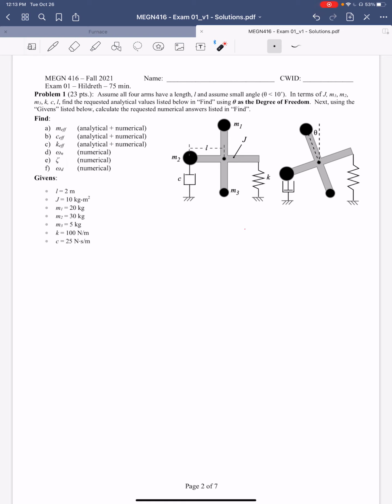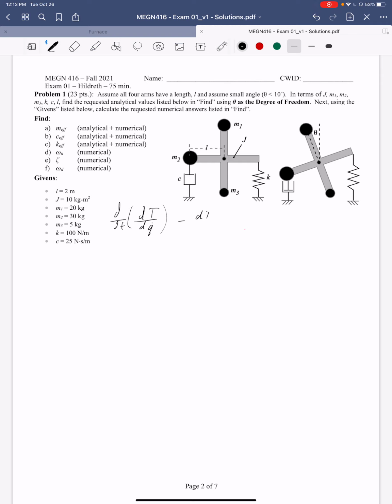So what I'm going to do is remind everybody what the Lagrange equation is. It is d dt of our kinetic energy with respect to the velocity, and these are full derivatives right here. This is a full derivative, that's a partial derivative, okay?